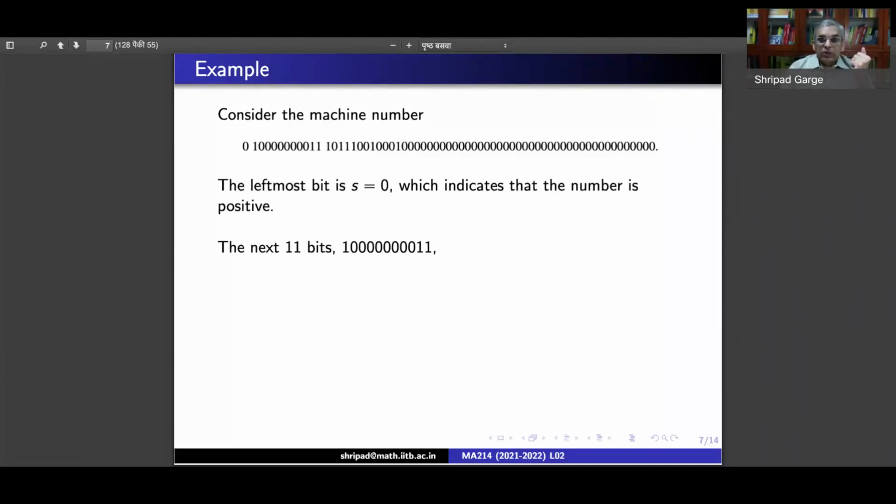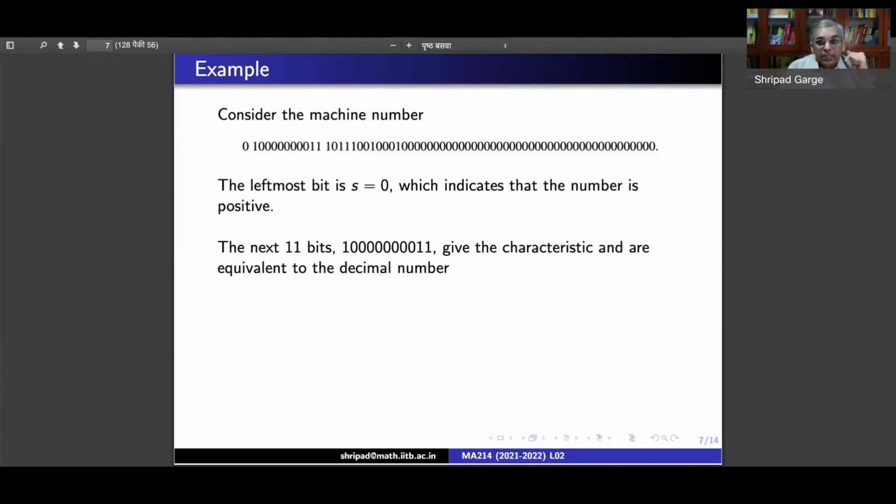So whenever you have bits, if you had a single bit, it would correspond to a multiple of 2 power 0. If you had 2 bits, it would correspond to something times 2 power 0 plus something times 2 power 1. So when you have 11 bits, the largest one will correspond to 2 power 10.